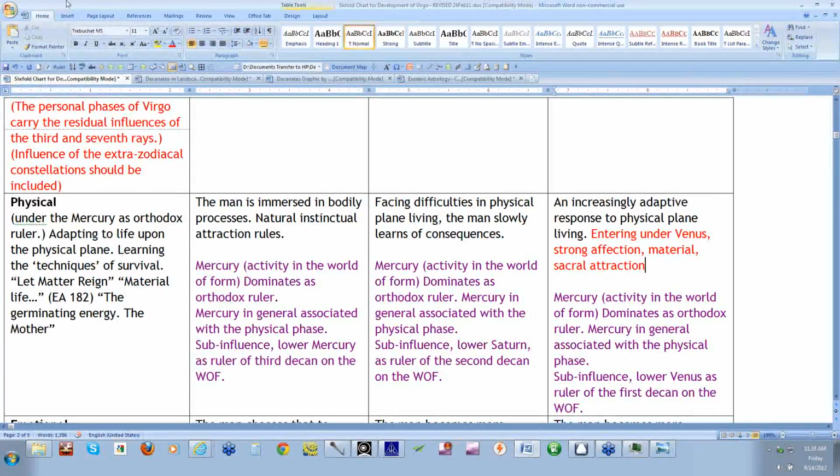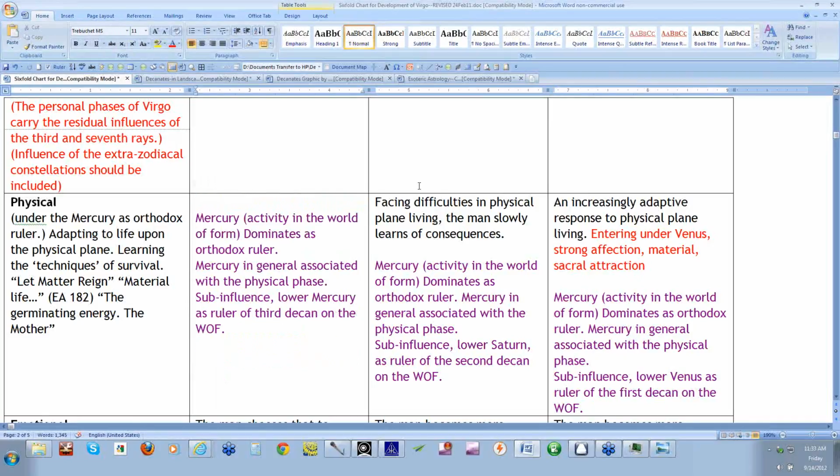Now, here the man is immersed in bodily processes, natural, instinctual attraction rules. So, you know, I really want to reverse these in a way. I think that will be the easiest way.